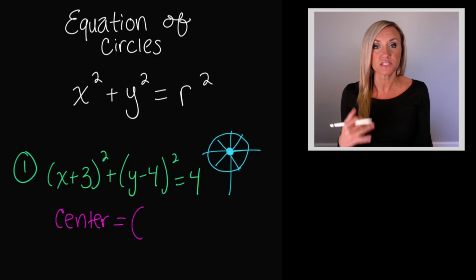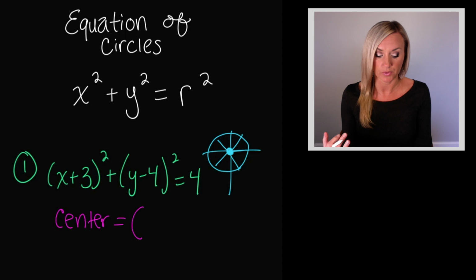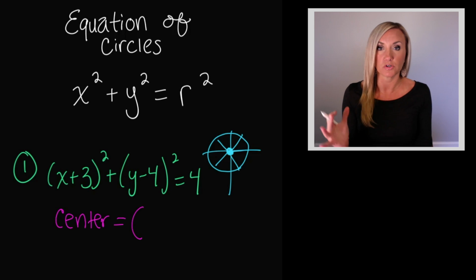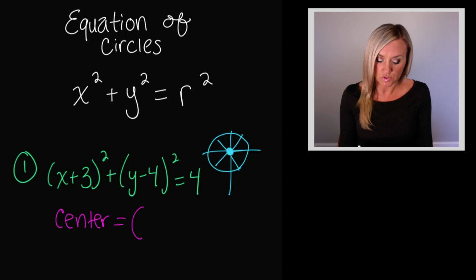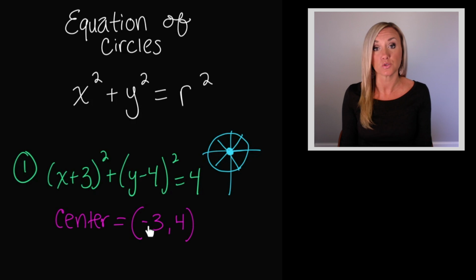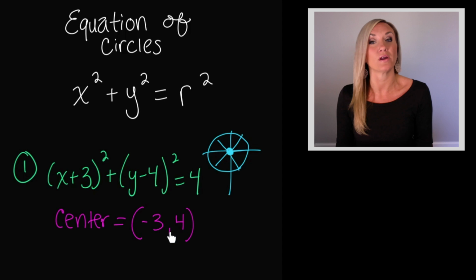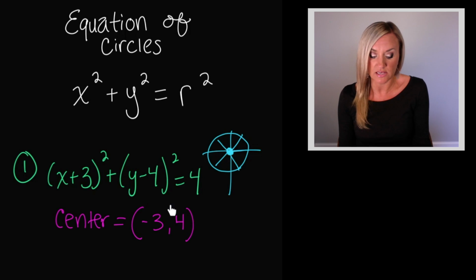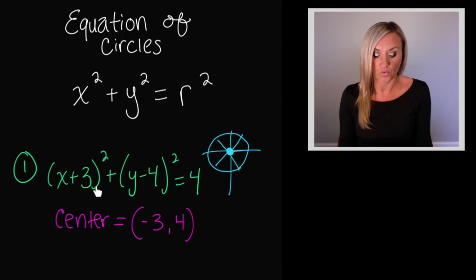Our new center is not 0, 0, because we have those numbers, it's shifted. The new center is going to be -3, 4. So you change the sign from +3 to -3, and the -4 to +4, and that's where the center is for this circle in a coordinate grid.